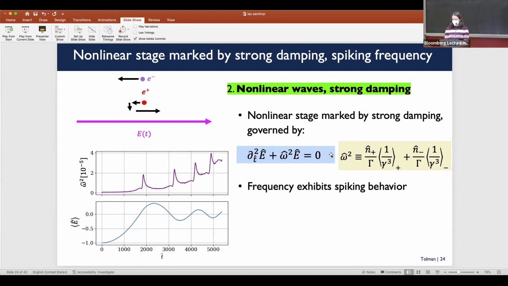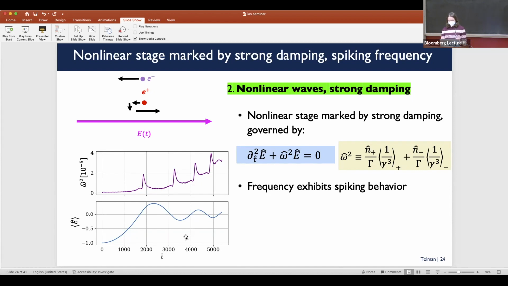To understand this, we clearly need to know what the frequency is doing, which I've repeated in this yellow box. If we look at the frequency during this phase of the discharge, we see that it has these weird spikes, right? It's quite small, and then it gets pulled up like this, and then goes down and up and down. This is clearly the dominant behavior in the frequency during this stage, and it's what's going to determine how the electric field is evolving.